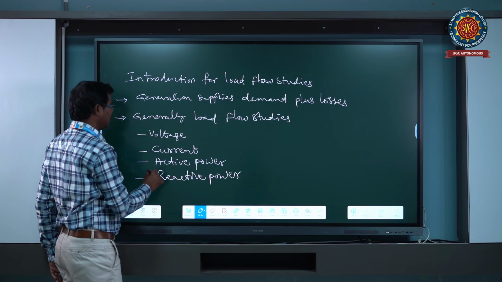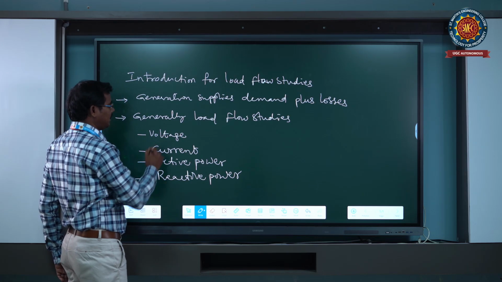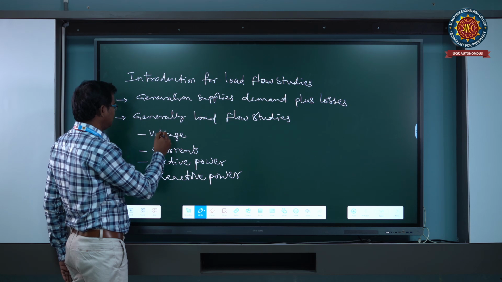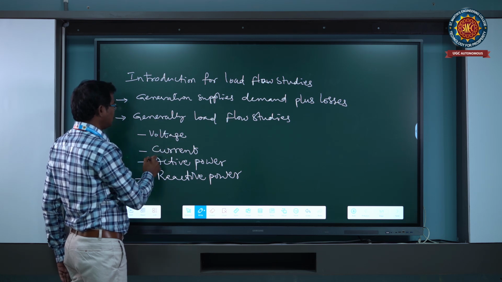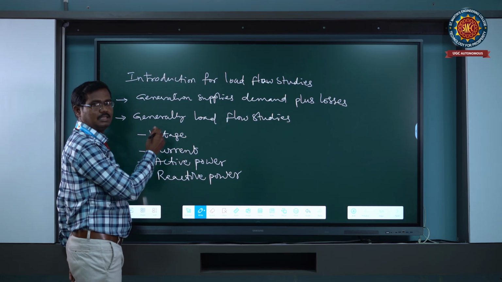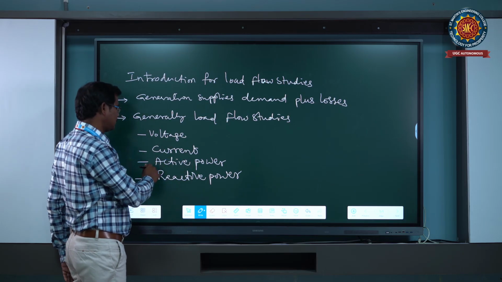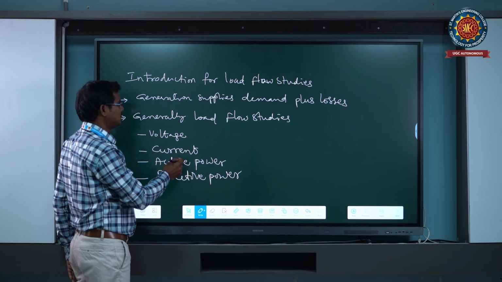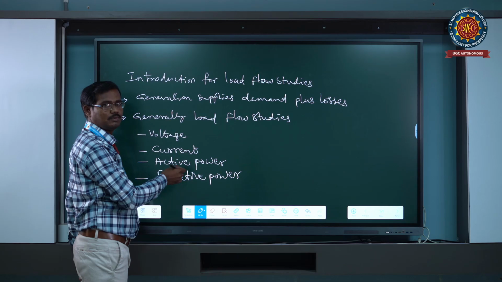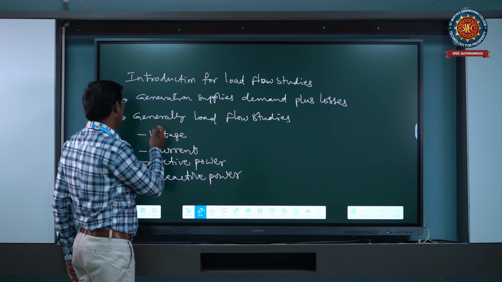These are the four measurements we have to take at the buses. We can take the bus voltage and bus current, the active power in all the buses and the reactive power in all the buses. We can take this for consideration, useful for the load flow studies.